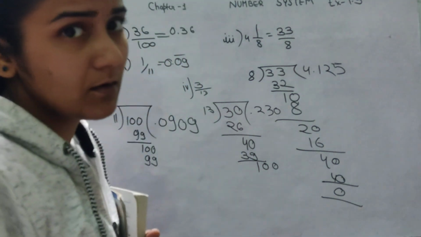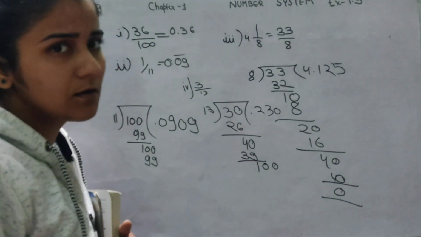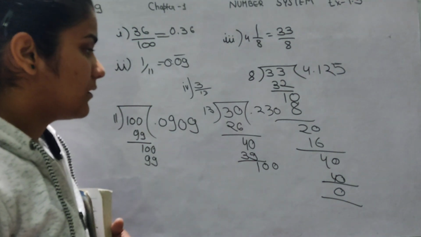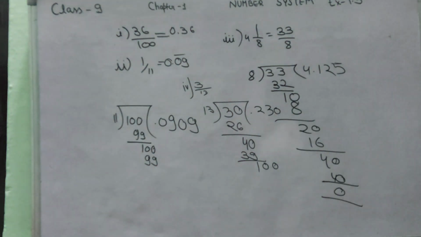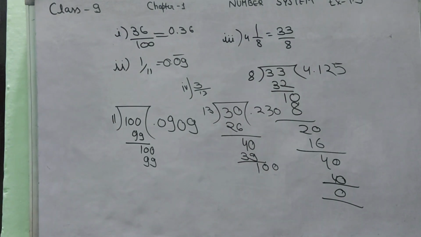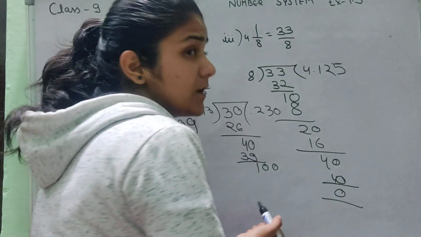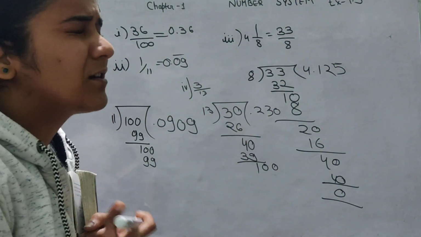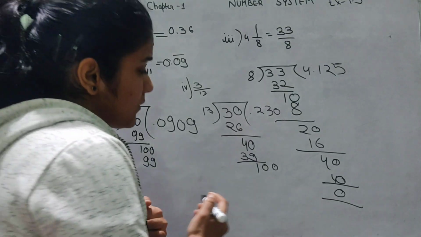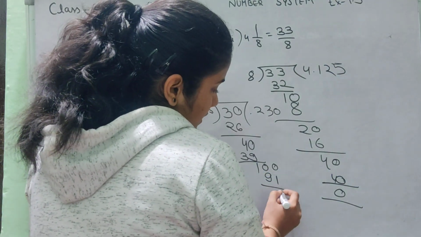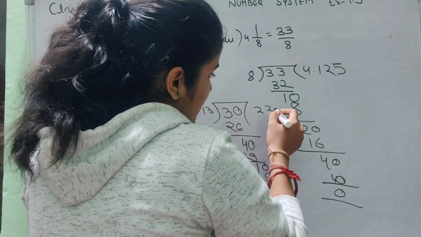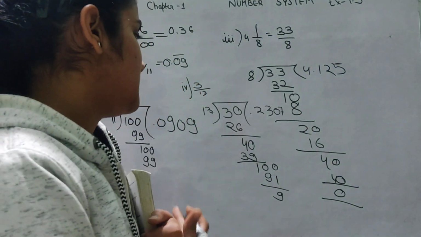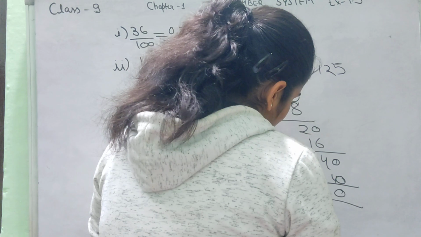13 5s are? 13 6s are? 13 7s are? If I am not mistaken, it is 91, right? So 91. 9 is left. 13 7s, right? And 9, then again adding 0.